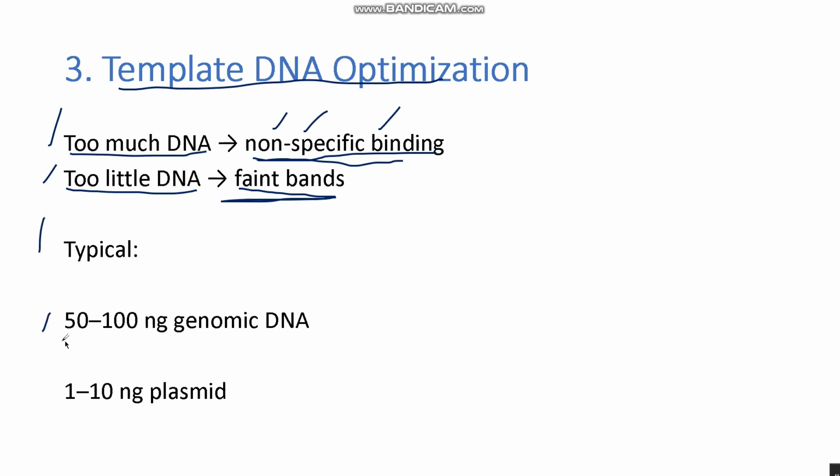Typically, 50 to 100 nanogram genomic DNA and 1 to 10 nanogram plasmid DNA is ideally used.